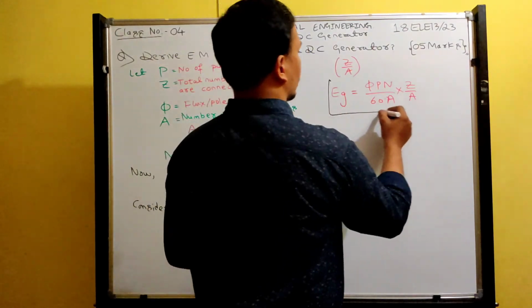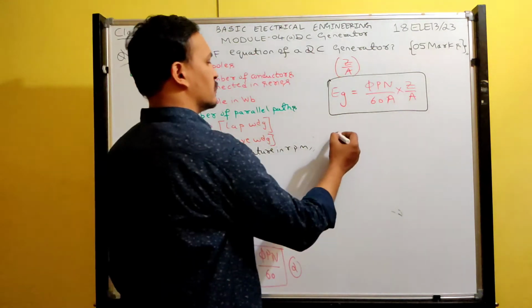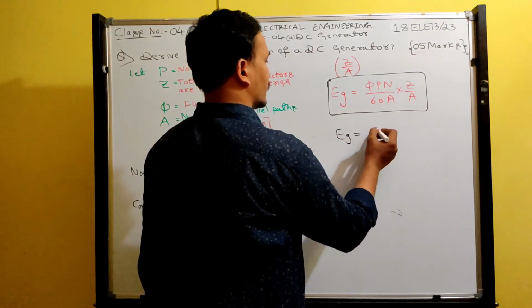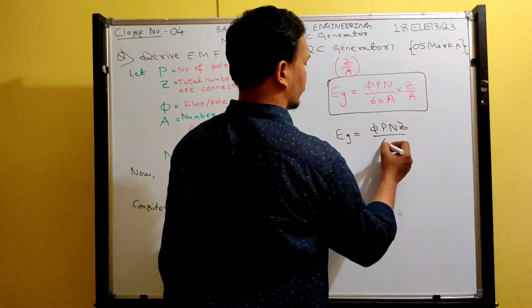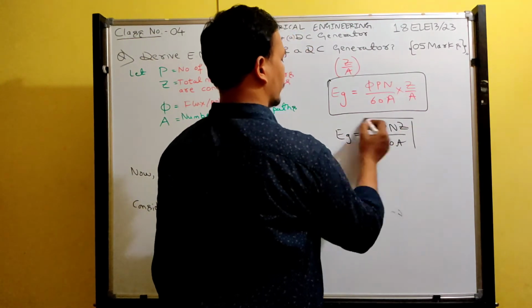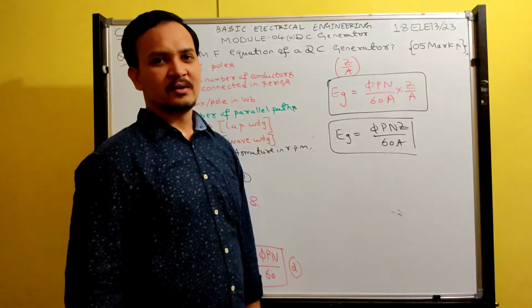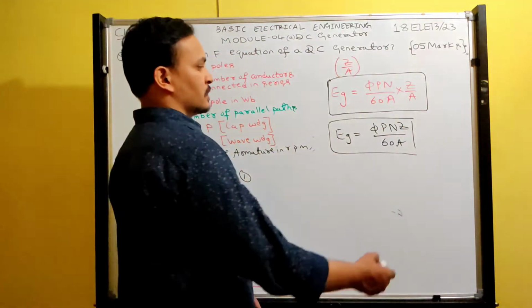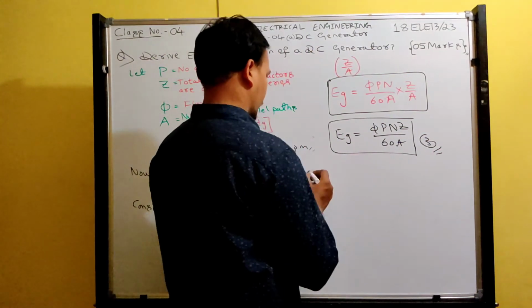So this is the EMF equation of a DC generator. The correct way to write it is pi P N Z by 60A. Both are the same, I only cancelled and multiplied. This is the EMF equation of a DC generator.